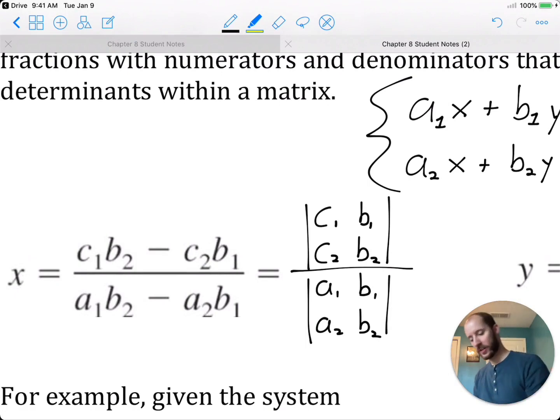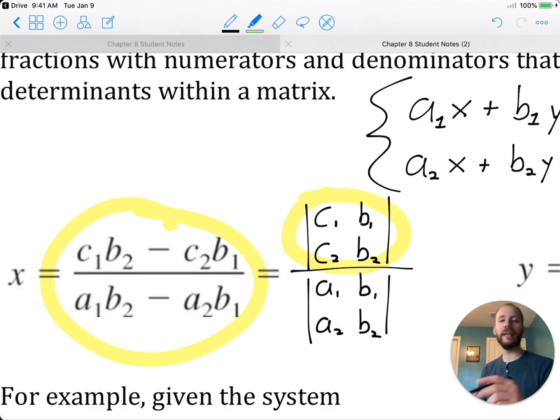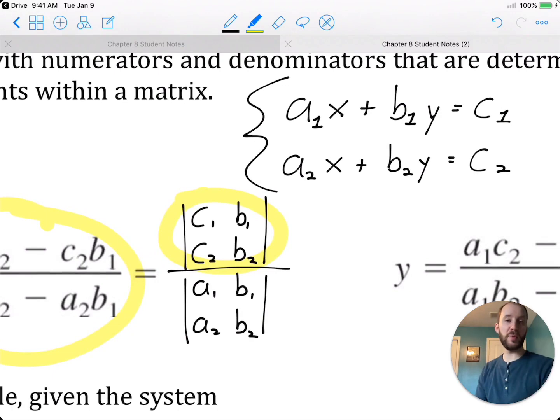The numerator of that fraction is the determinant of a 2 by 2 matrix where your A sub 1, A sub 2 values get replaced with C sub 1 and C sub 2 values. The denominator is just the determinant of the coefficient matrix A sub 1, A sub 2, B sub 1, B sub 2.